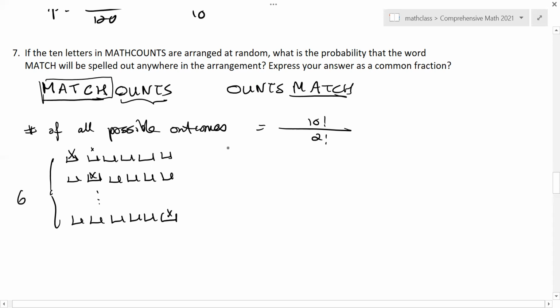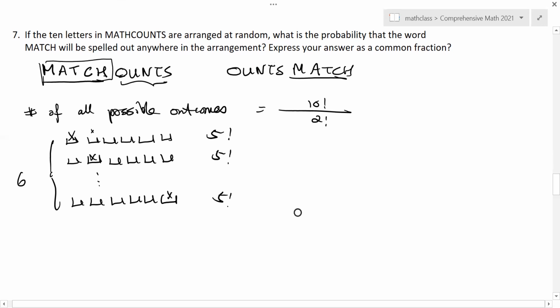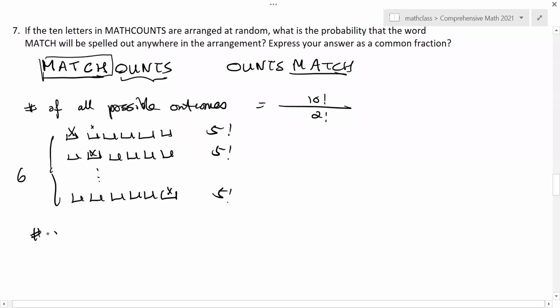So in each pattern, you have 5 factorial different possible arrangements. So the number of desired outcomes will be 6 times 5 factorial.